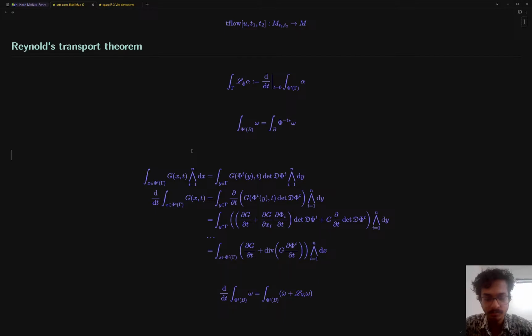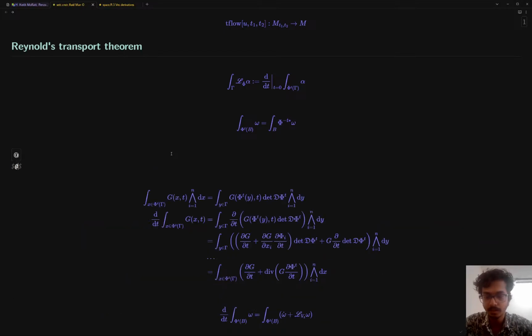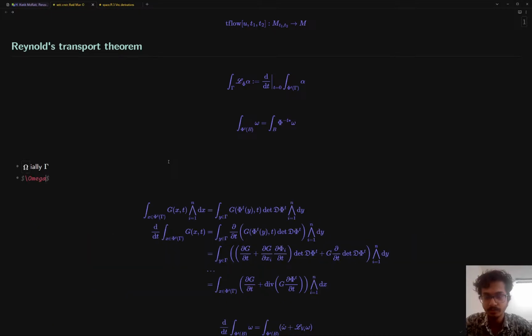you fix an initial set, which is my capital Gamma. I set it initially, then I will flow. Eventually it will map to phi of t of Gamma.